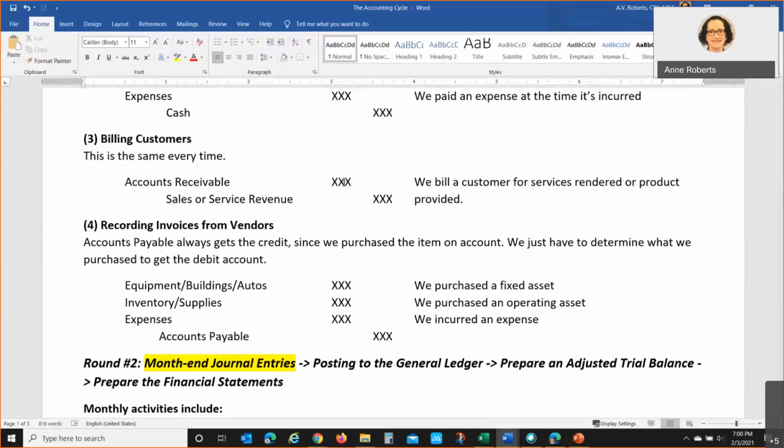So we're going to book the accounts receivable saying that they owe us, and we're going to record sales or service revenue. If it's sales revenue, that's product. If it's service revenue, that's basically we're selling them our time.